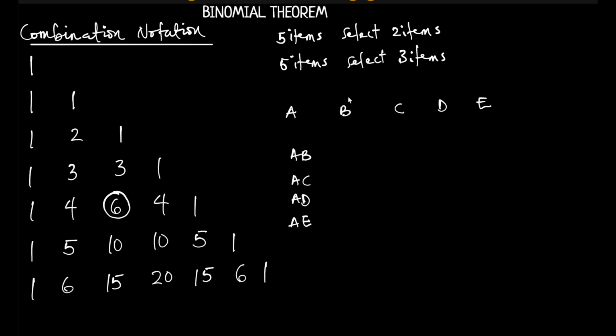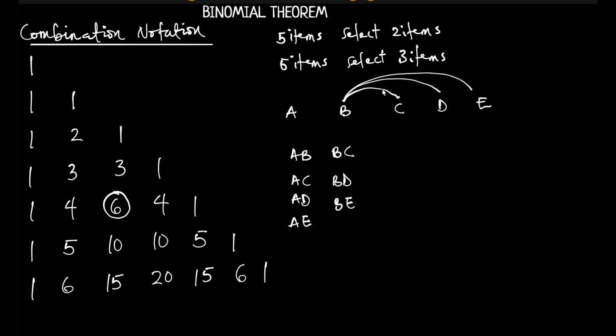So let's go to B. We cannot go back to A because we have AB already. So we just proceed with B and C. Then we have B and D, BD, and lastly B and E, BE.